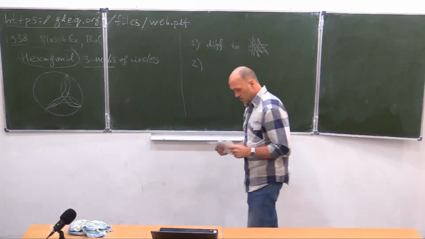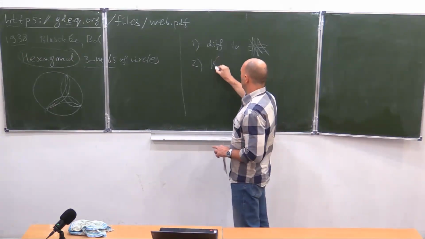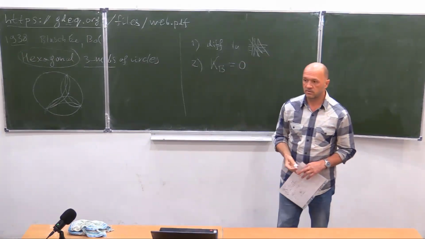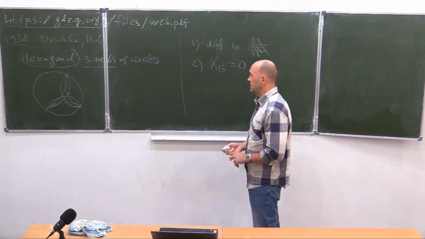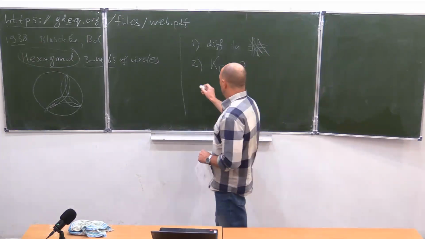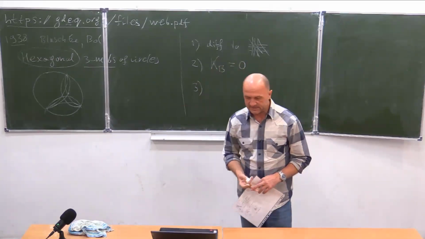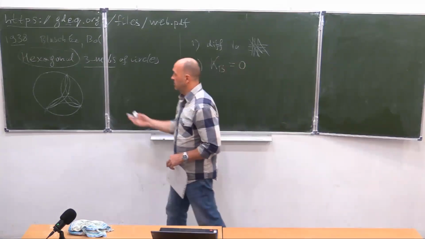Then in differential geometric terms, you calculate some two-form, which is called Blaschke curvature, and this curvature should vanish identically. Or it can be explained by some incidence relations, which give the name hexagonal.